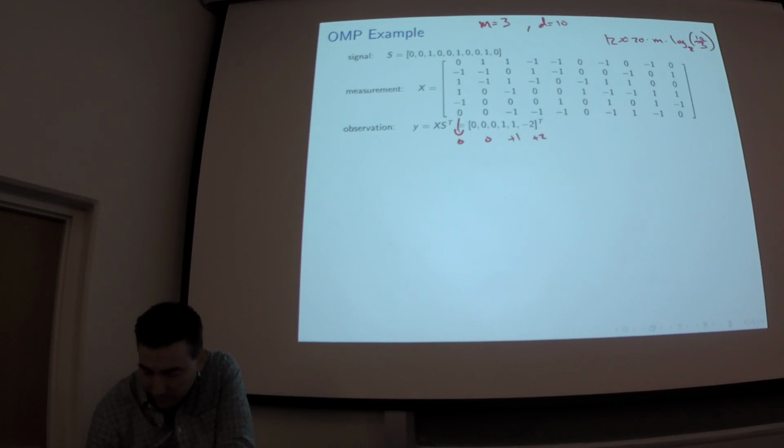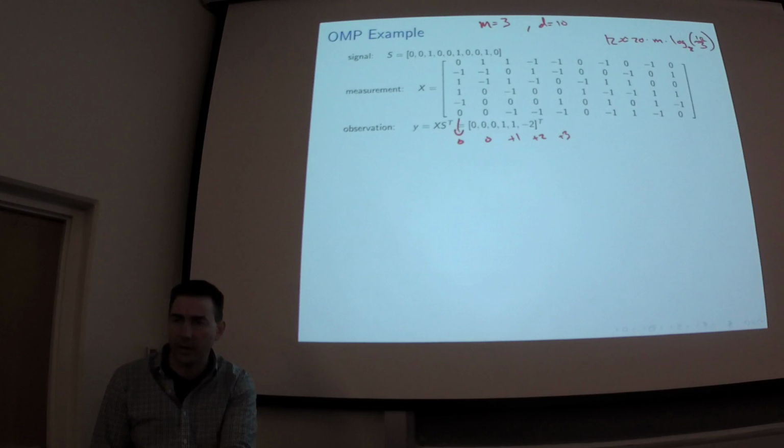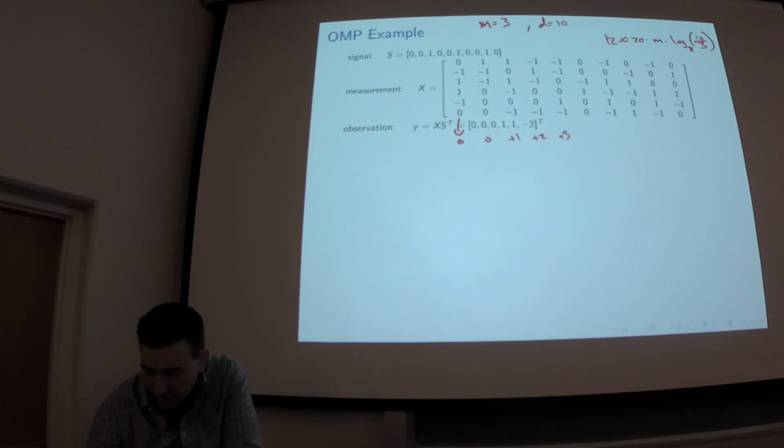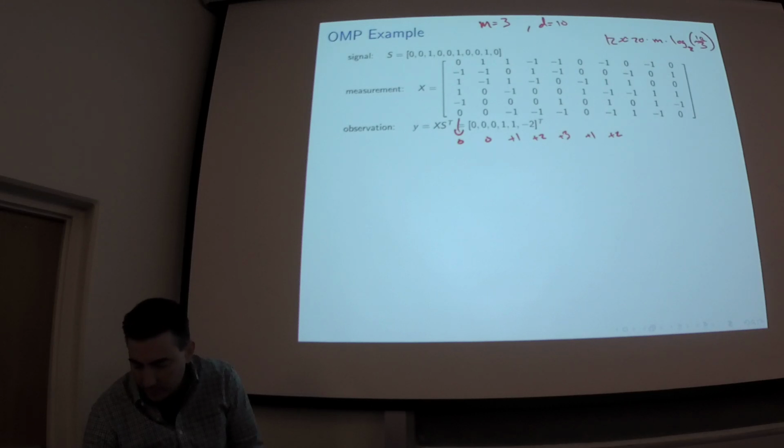The next one is going to be plus 1 plus 3. Does that seem right? Then the next one is going to be 1. And then minus 1 plus 1, so 0, plus 2. This one's going to be 0.